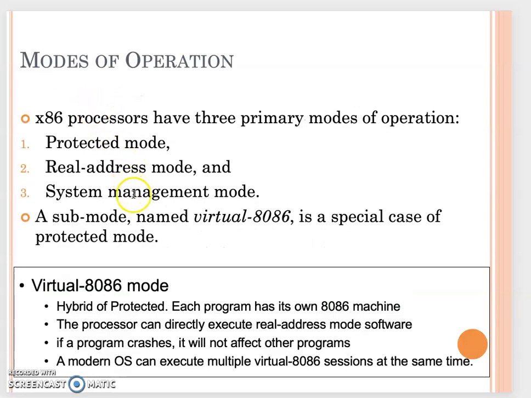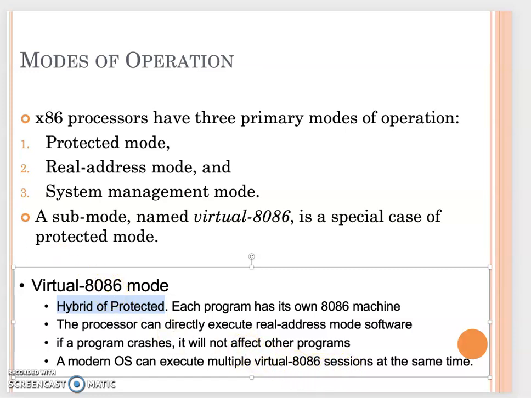Related to protected mode, we have another one called virtual x86, or virtual 8086. It is very similar to protected mode, but each program has its own 8086 machine. The processor can directly execute real address mode software. If a program crashes, it won't affect other programs. So a modern operating system can execute multiple virtual 8086 sessions at the same time.